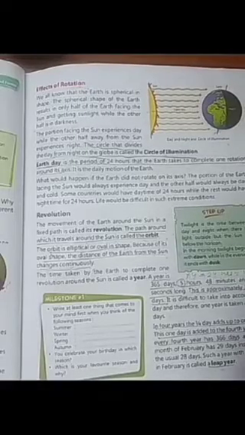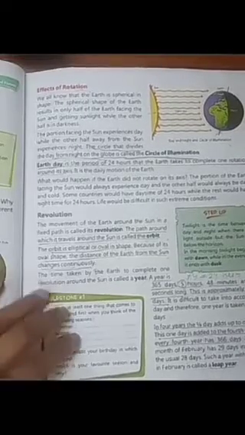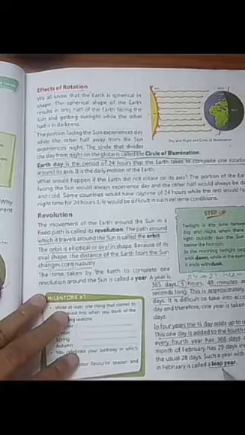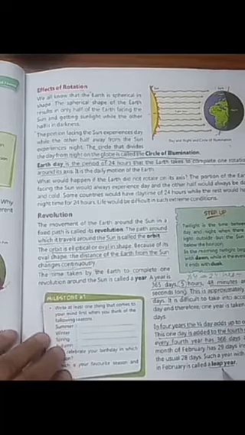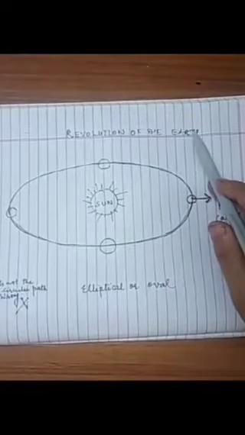So this 1 day is added every 4th year, and so 1 day increases and becomes a leap year. And February has 29 days in it. Clear? Now I'll show you. See this revolution of the Earth. With the help of the diagram, you will be able to understand better.